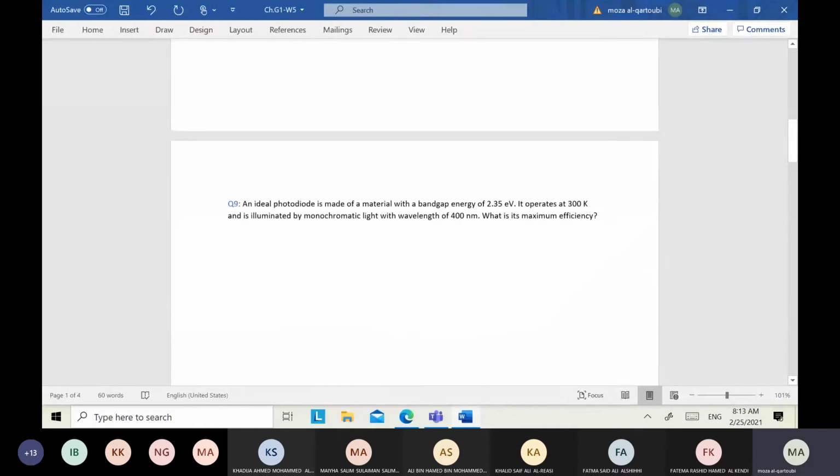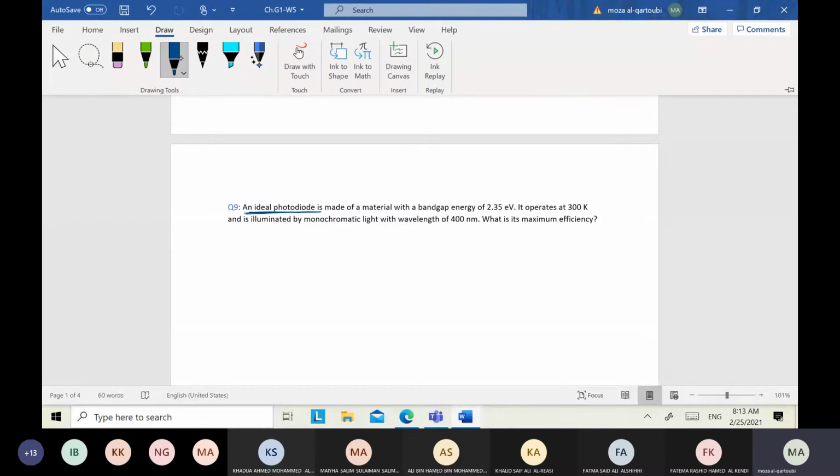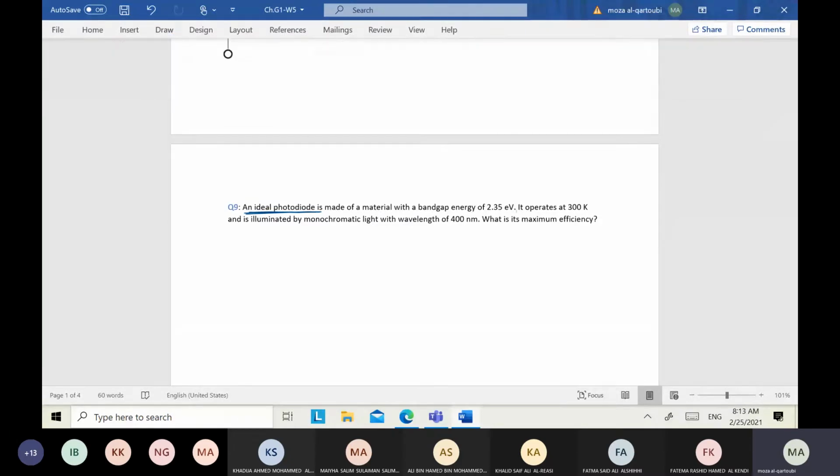Question number 9. Given an ideal photodiode, one photodiode. Before, in question number 1, we saw 2 photodiodes. Now only one. So given an ideal photodiode made of material with band gap energy equal 2.35 electron volt. So this value is the energy gap, symbol of band gap, so WG equals 2.35 electron volt.